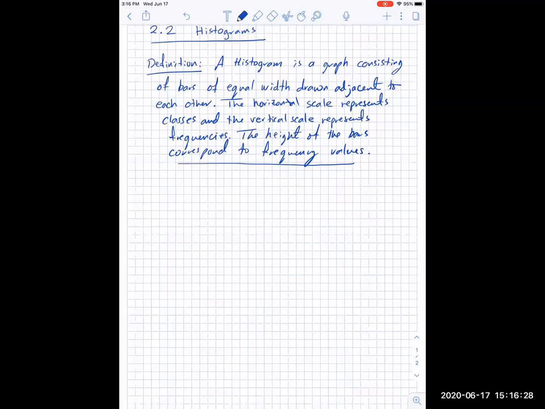So let me show you an example here on how to construct a frequency histogram that represents the following frequency table.